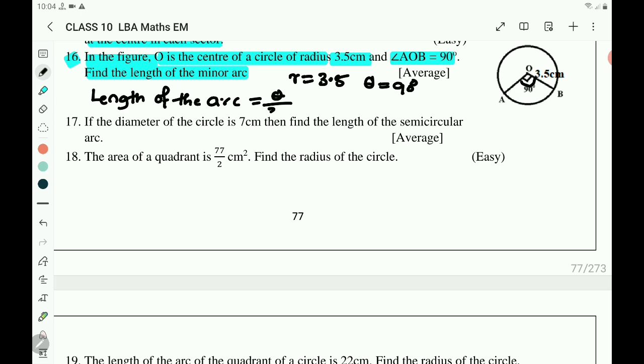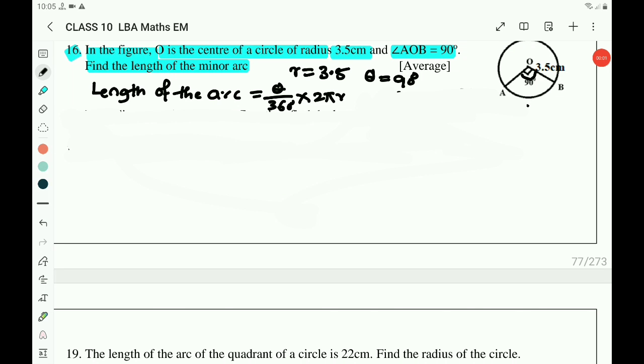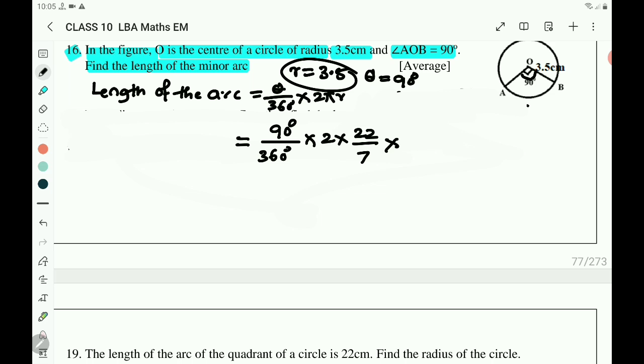Theta by 360 degree into 2 pi r, equals 90 degree by 360 degree into 2 into 22 by 7. What is the value of pi? Pi is 22 by 7, into r. The r value is 3.5.